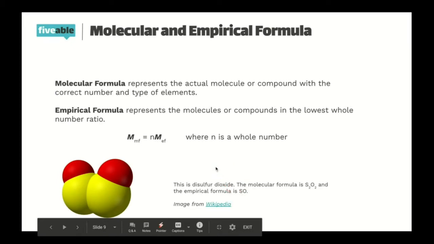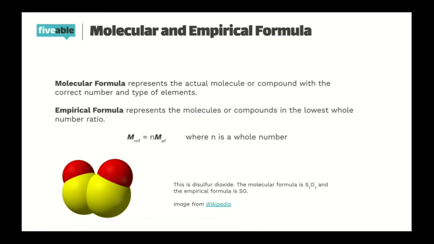Well, the devices that we have to actually determine the amounts of elements and the ratio of elements in compounds can really only tell us the ratio. So we put this S2O2 into a device, and it spits out saying, all I can tell you is that the ratio of sulfur to oxygen is 1:1.